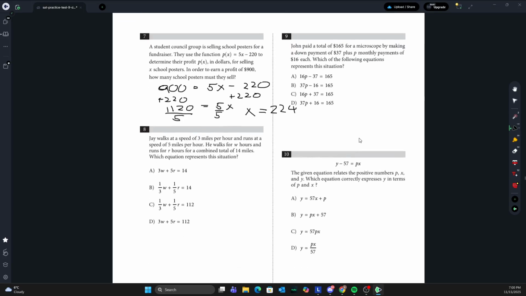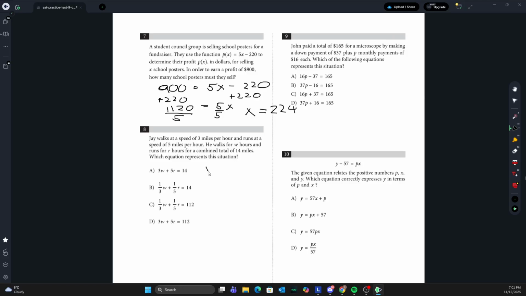Question 8. Jay walks at a speed of 3 miles per hour and runs at a speed of 5 miles per hour. He walks for W hours and runs for R hours for a combined total of 14 miles. Which equation represents this situation? Question 8 basically is asking us to put walking at a speed of 3 miles per hour into a variable and running at a speed of 5 miles per hour into a variable. When you're thinking about these problems, try to really consider what each variable stands for.